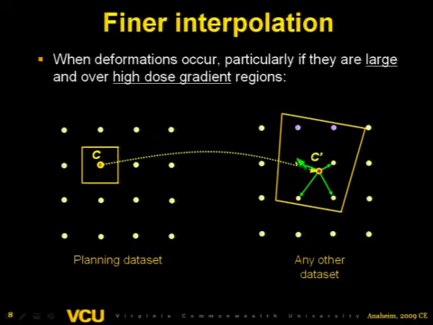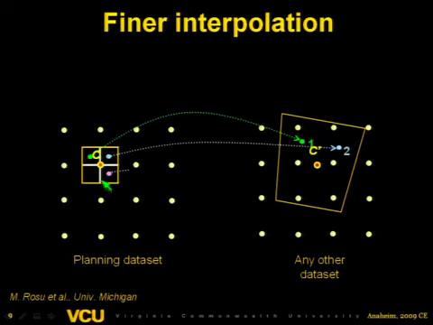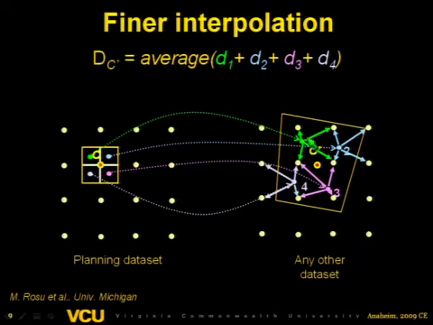So the first thing that comes to one's mind is to perhaps try to do a finer interpolation, which means that we start by subdividing our original voxel into smaller subunits, and then we map the center of each subunit onto the other data set. We evaluate the dose at each of these locations by doing the simple trilinear interpolation.